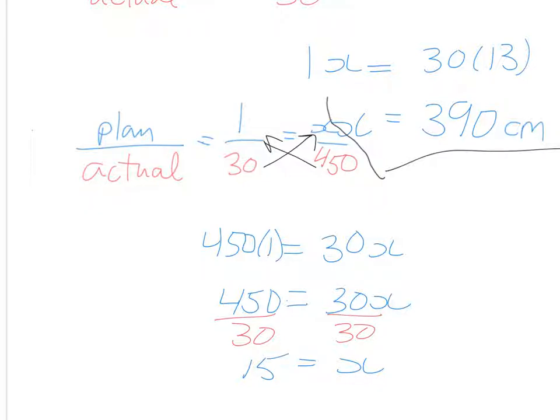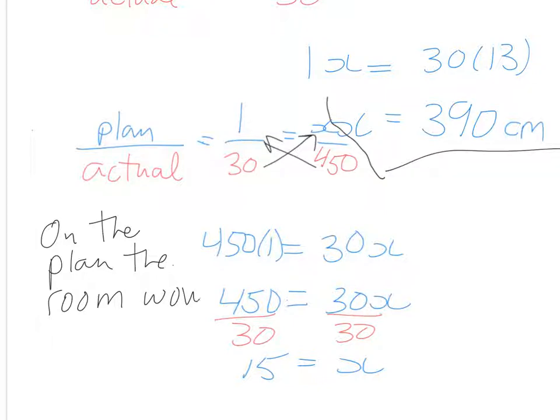So if we had a room that was actually 450 centimeters long, then that means that on the plan the room would be 15 centimeters long.